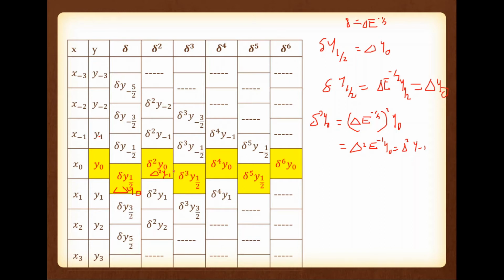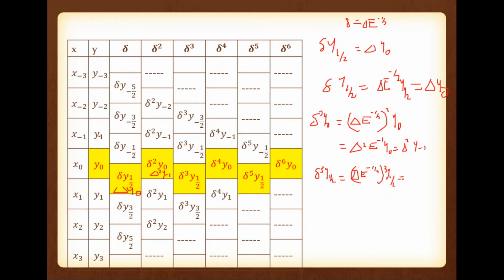Is it okay? So now what about theta cube y 1 by 2? Theta cube y 1 by 2 is equal to, theta is delta e raised to minus 1 by 2, right, all raised to 3, y 1 by 2, right.